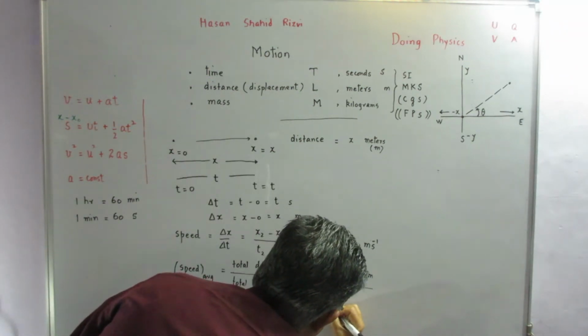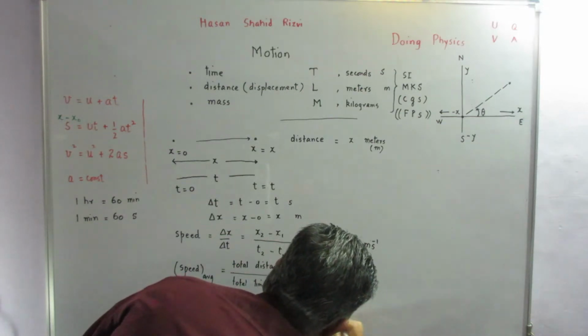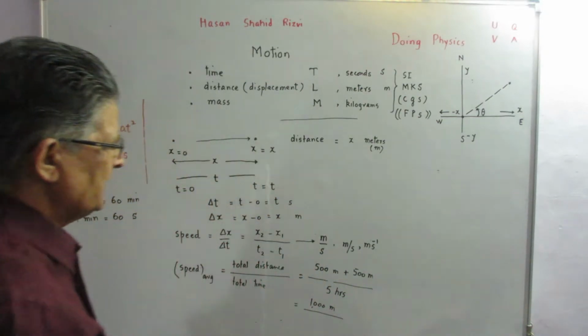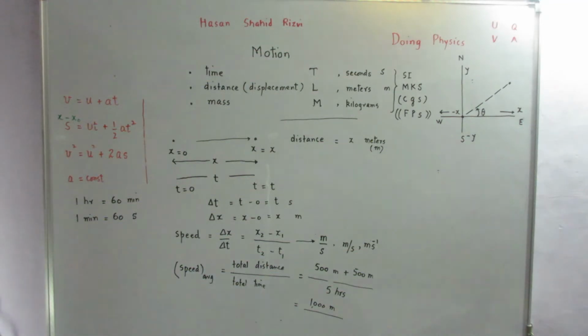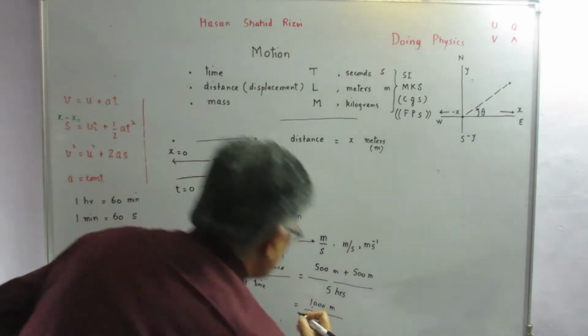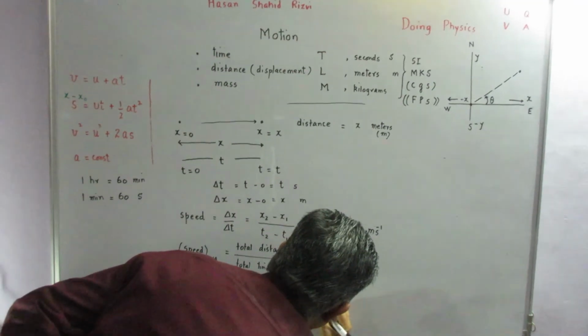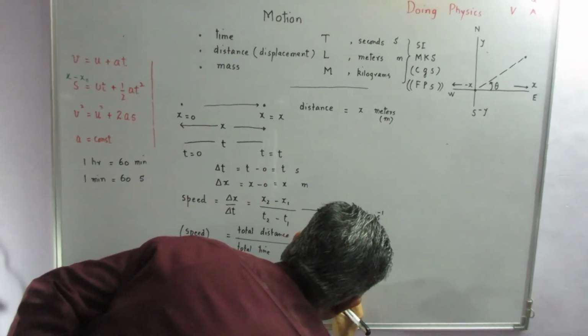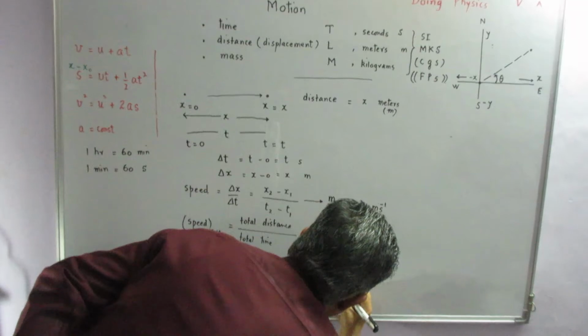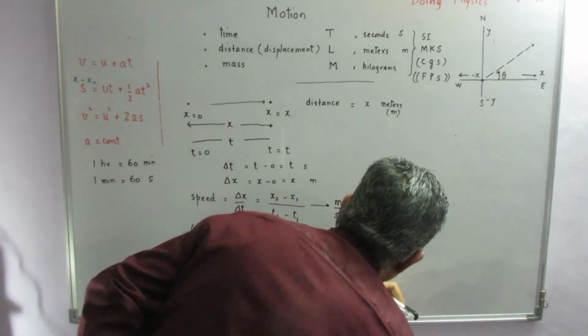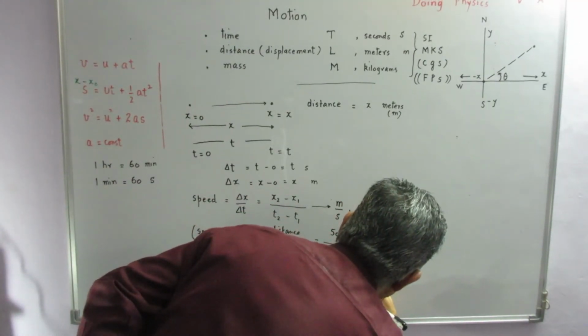1,000 meters is the total walk, total distance that has been traveled by the child, and in 5 hours. So 5 into 60, into 60, this is seconds.